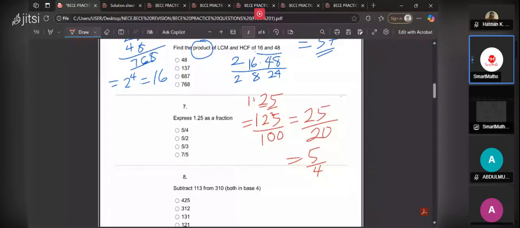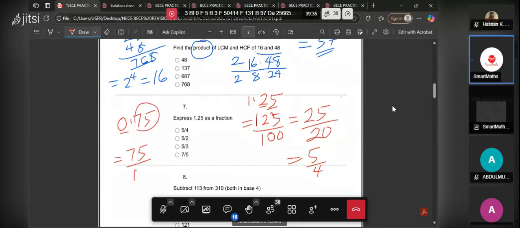All right. Now let me give you another example. If you are asked to change 0.75 to a fraction, I want to write out all the digits here. But because this one is starting with 0, the 0 there is useless. I'll just write 75 over 1.